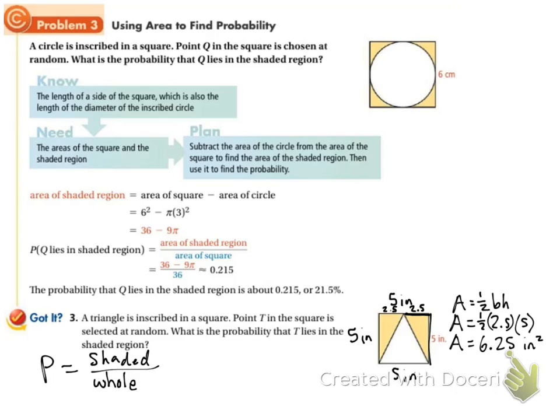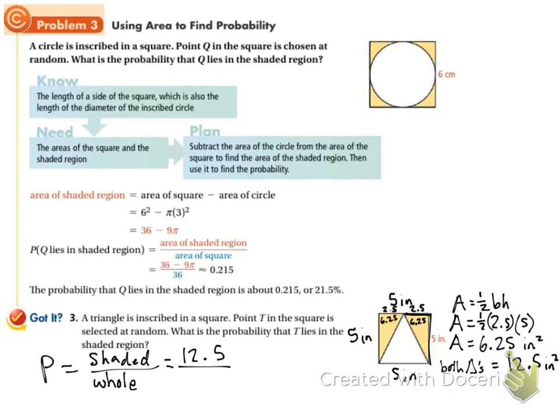So that's this one right here. The other one has exactly the same dimensions, so this one must also be 6.25. So then total, both triangles, the area is 12.5 inches squared. So that's the area of our shaded area, 12.5 inches squared.